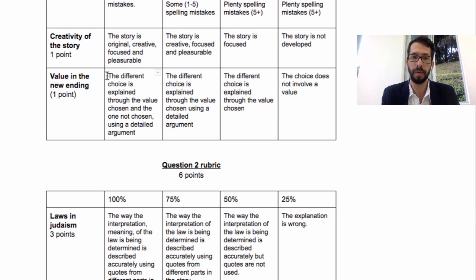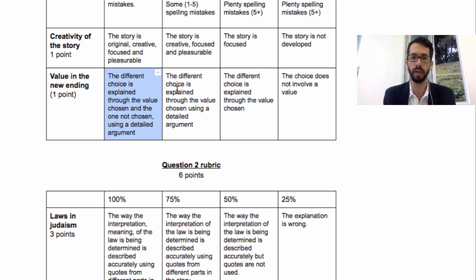Another dimension in which I'm going to evaluate the ending of the story is that the different choice, the new choice, is explained through the value chosen and the one not chosen, the one that was originally chosen but now not. If you're using detailed arguments, an explanation why now this person chooses this value and not the other one, perfect.